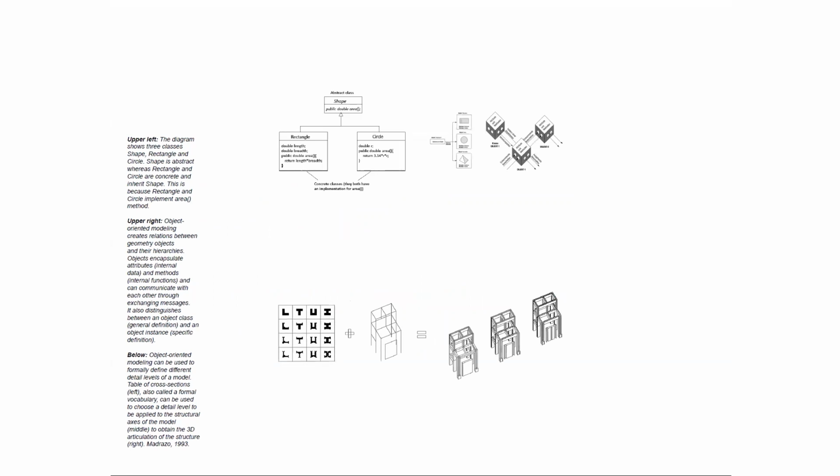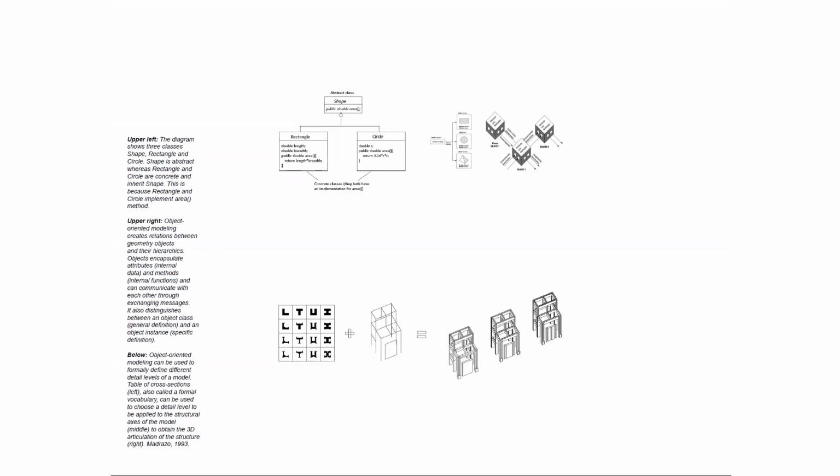Here I have examples. They're a bit small, but you can have a look at them maybe a little bit later. I can have an object, for example, a circle, and this circle has certain attributes, which could be a radius and a center. And I can have another object called rectangle, which also has maybe an origin point, a length and a width.